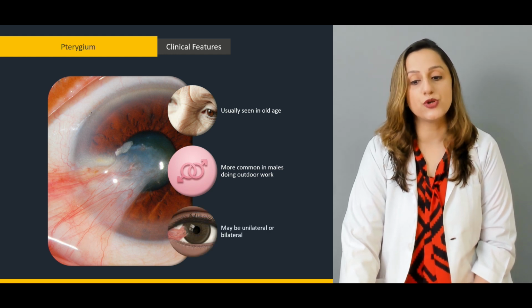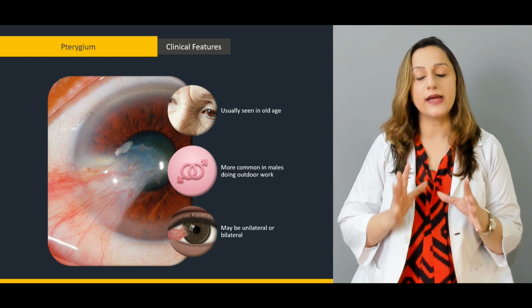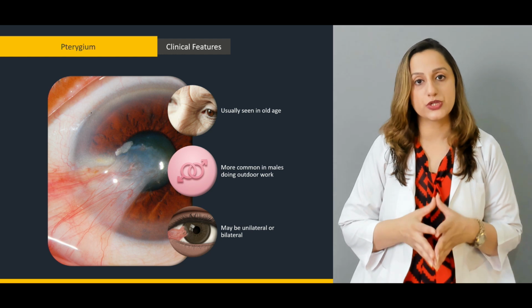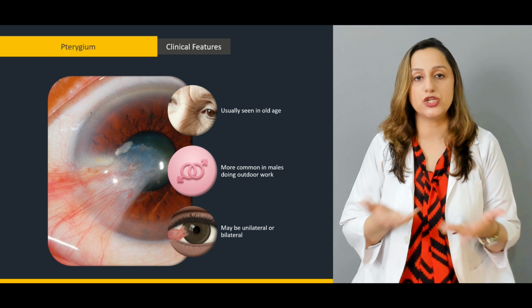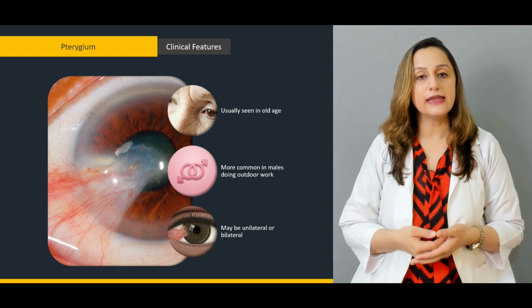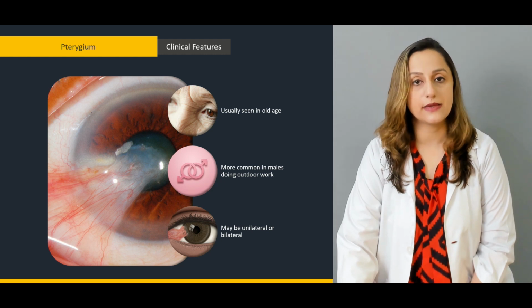Maybe unilateral, or maybe a bilateral condition. So gender inequality is also present in its predisposing factors. The age, it's an age-related process. And finally, it can be a unilateral or a bilateral process.